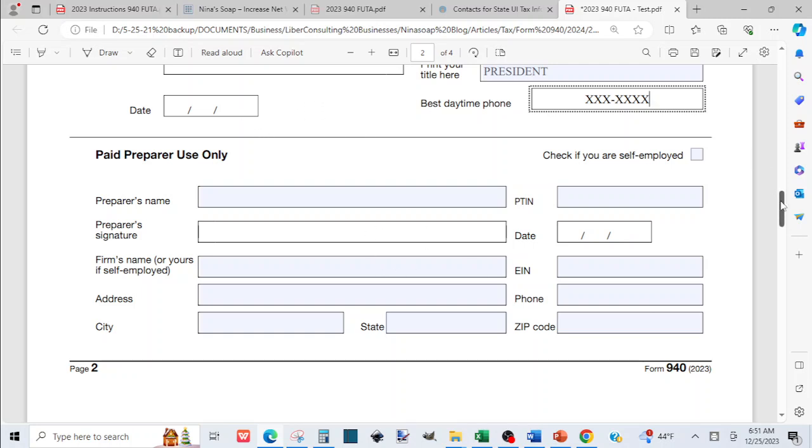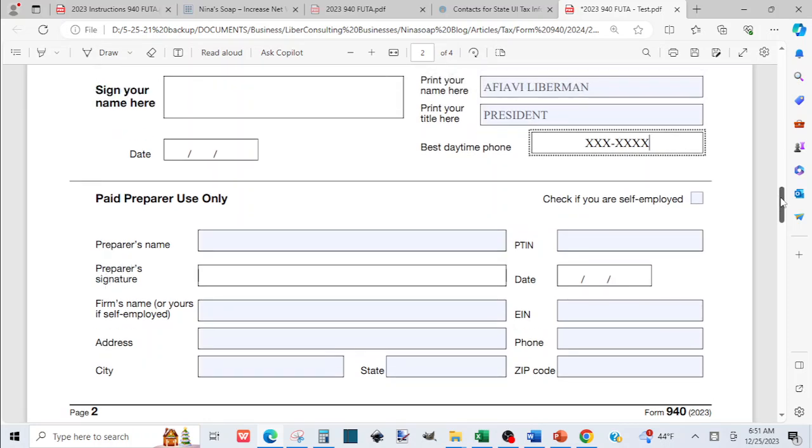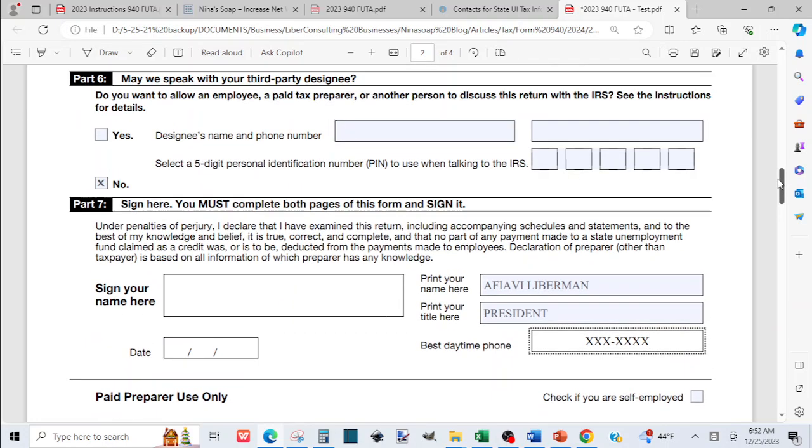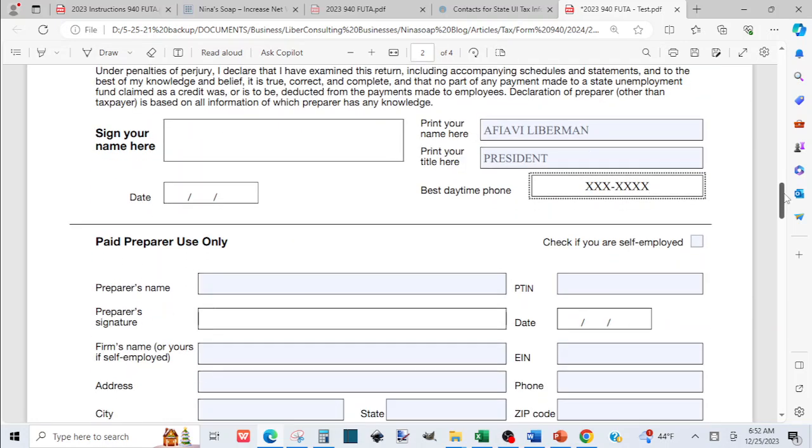But if you are filing for your own business, you leave the paid preparer use only section alone, because your business is not paying you to file the tax return. They are paying you to work in the business. Therefore, you leave the paid preparer use only section alone.